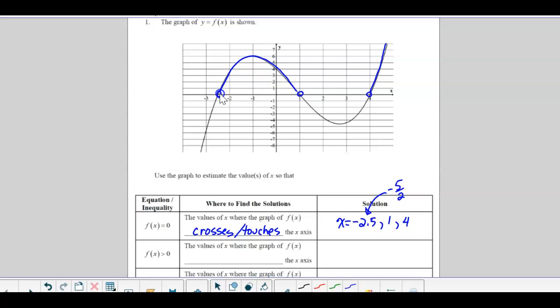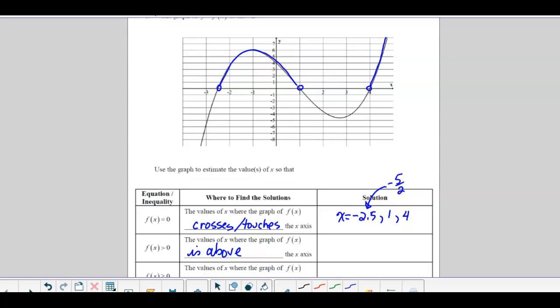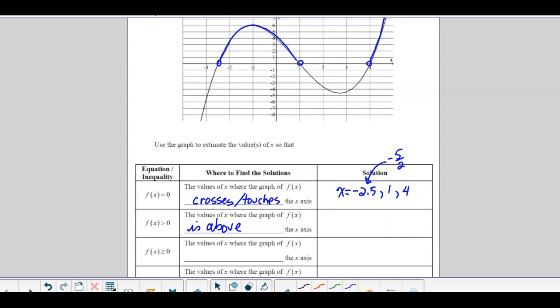So these are the values of x where the graph of f of x is above the x-axis. What values? -2.5 to 1, x is anything in between there. And as well, x is greater than 4.